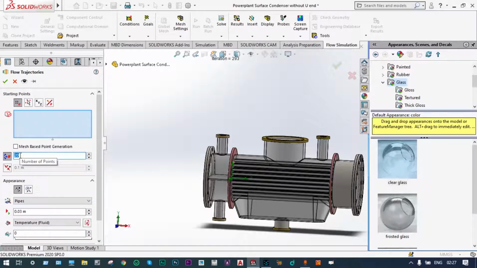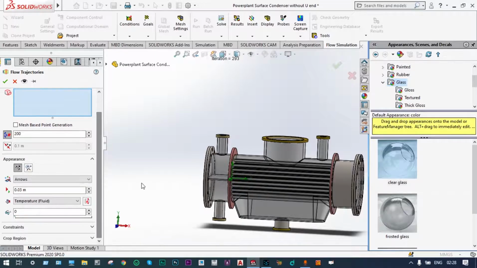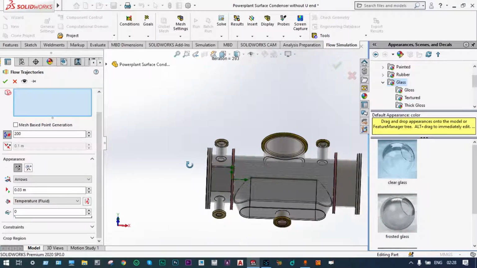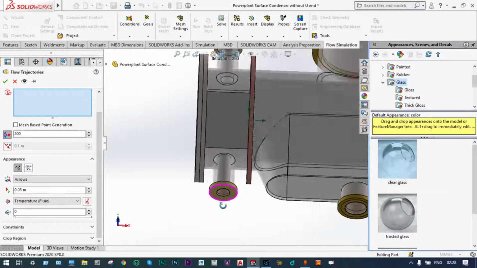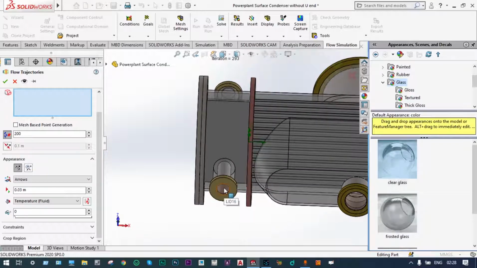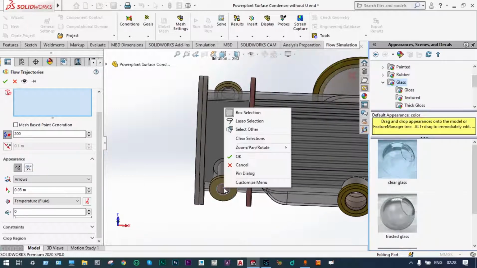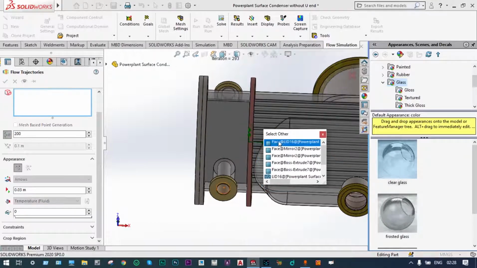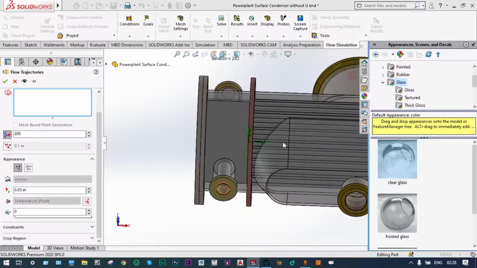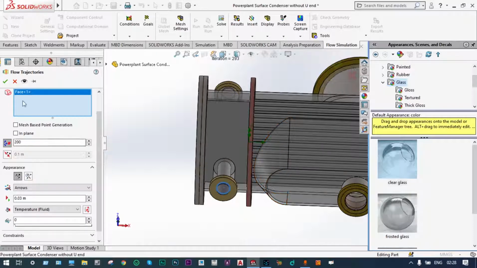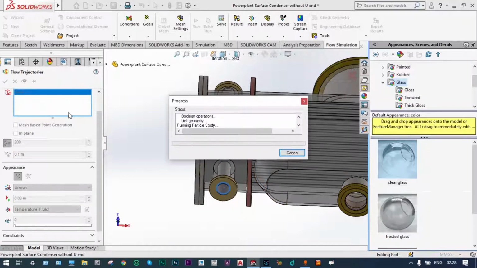Let us say 200 numbers, and instead of pipes we want to see in the form of arrows, and we want to see temperature fluid from this location. Select other, lead number 16, green check.